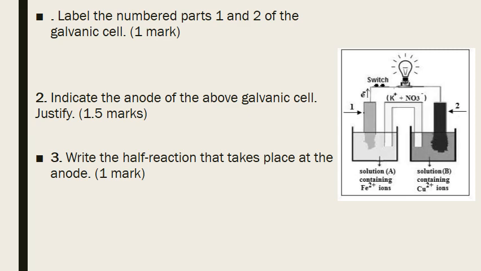Number 1 is the iron strip, because it's got Fe2+, so we know it is iron. Number 2 is Cu2+, so we know that Cu is copper, so 2 is the copper strip.